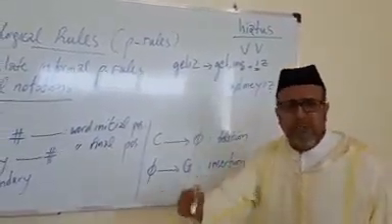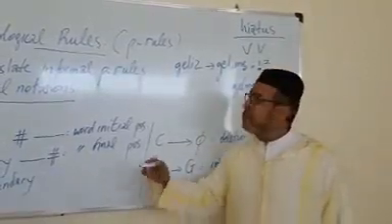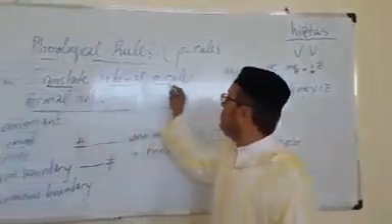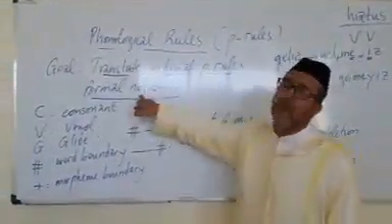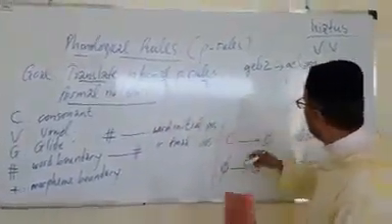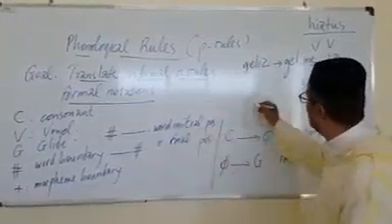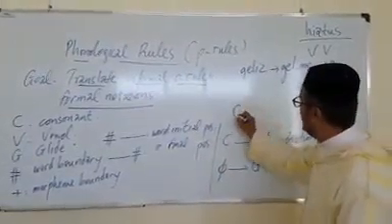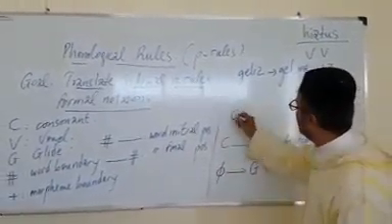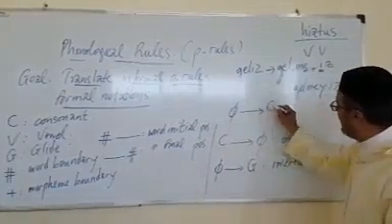Now you might write it this way. But if you are asked to translate this informal phonological rule into formal notation, then what you're supposed to do is this. In other words, you put it into formal notation. So we insert a glide. That's insertion. What is inserted? A glide.